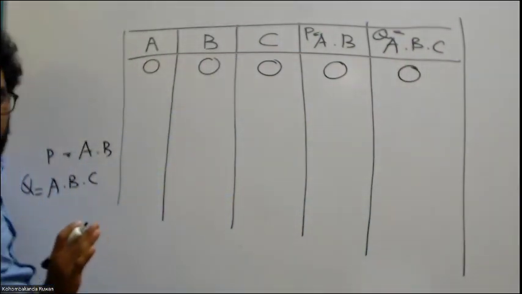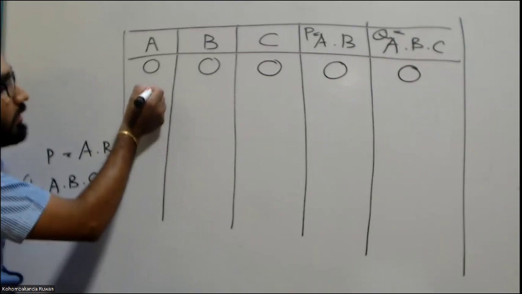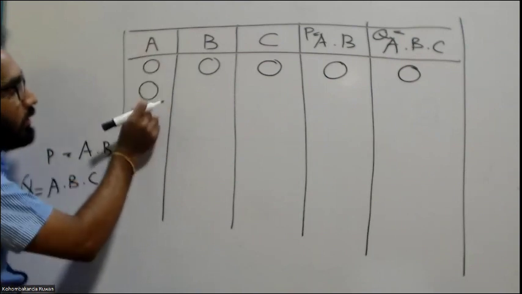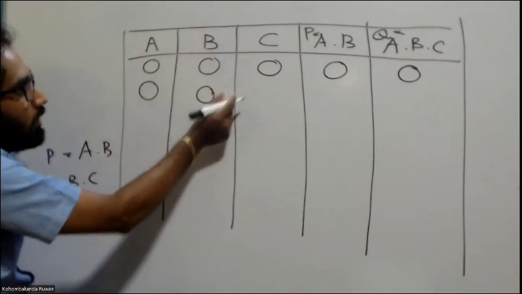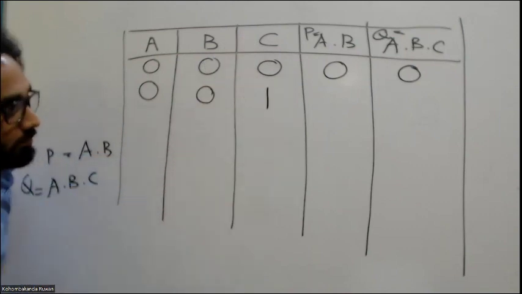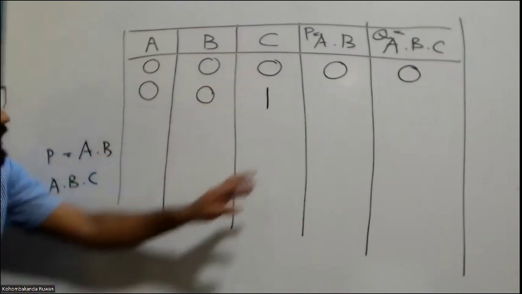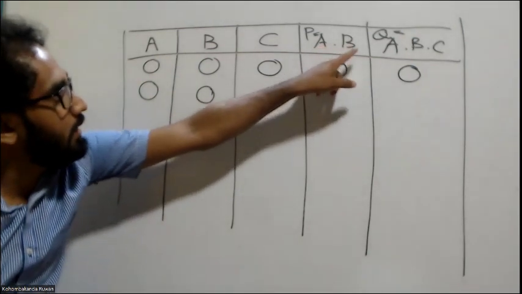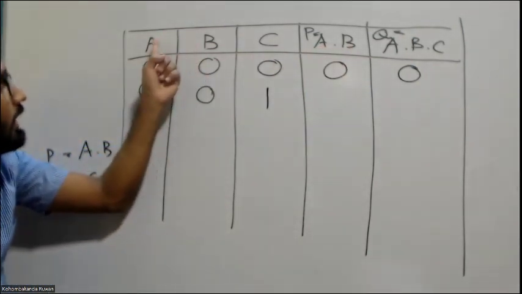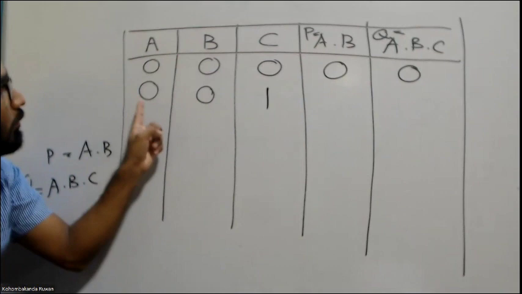Next one, I will write this one. A is 0, B is 0, C is 1. Now A and B, compare this one. A and B, both are 0.